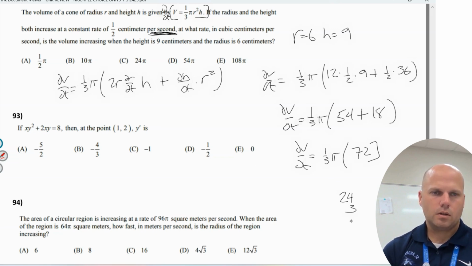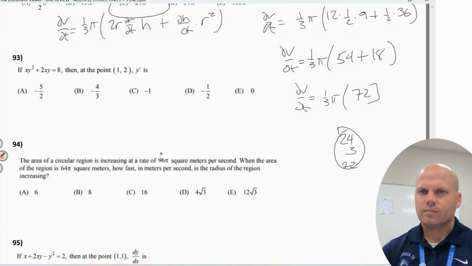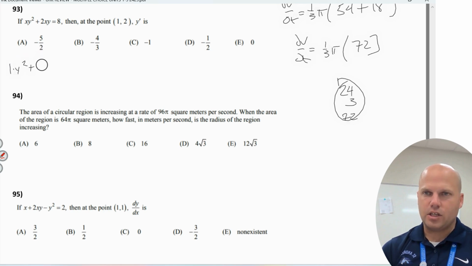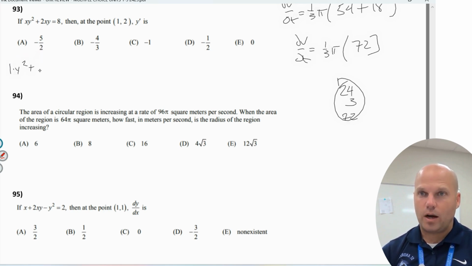Looking at these. Oh, lots of product rules. Slopes of the first times the second plus the slopes of the second. Back to just d dx to get dy dx.